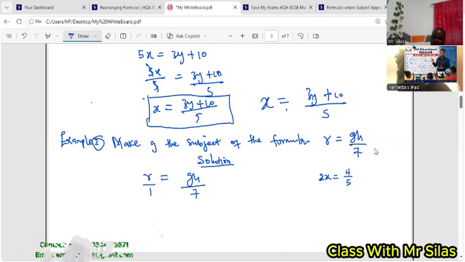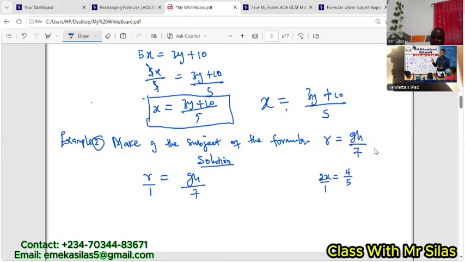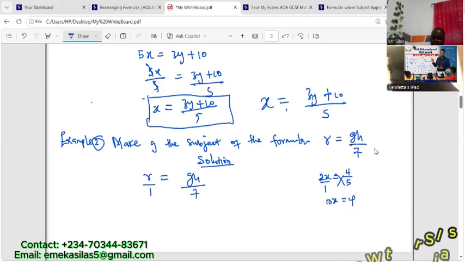You have to cross multiply. So the 4 will times the 2 here, then you have your 10x equal to 4. Then you divide by 10.